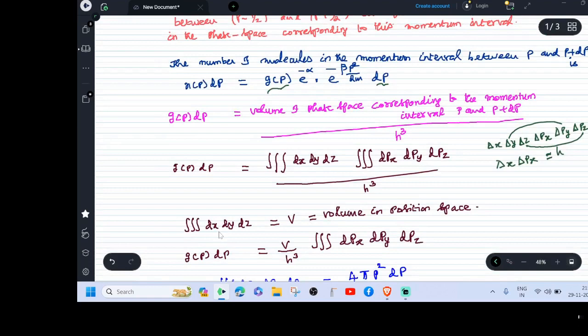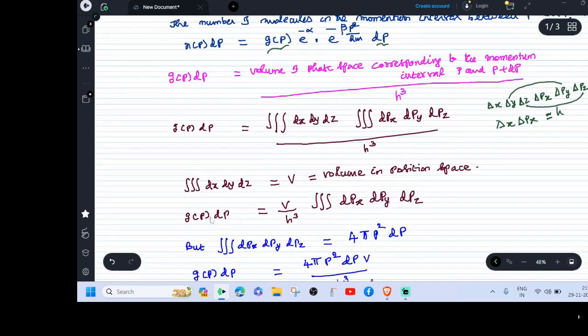Now, integral dx dy dz is equal to v, that is volume in position phase. So g of p into dp equal to, instead of this we put v, take this h cube outside, integral dpx dpy dpz. Now we have to evaluate this integral.